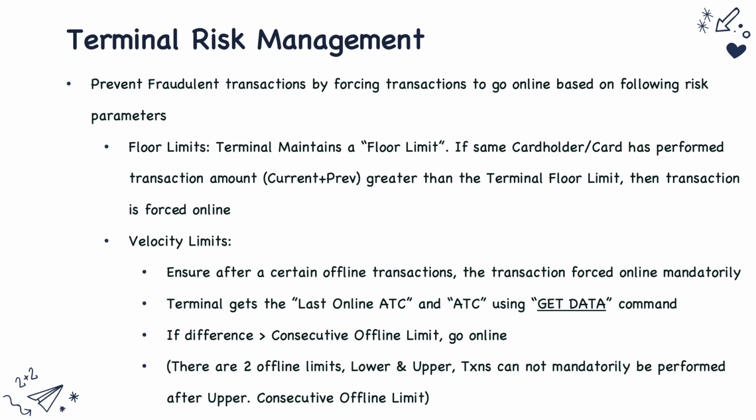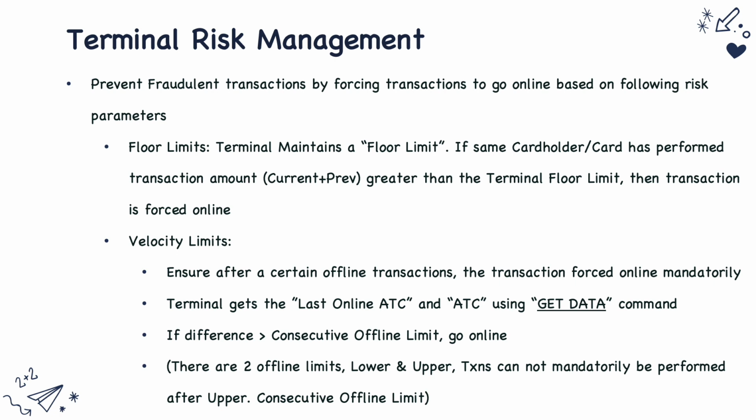The next step is terminal risk management. We all know that EMV has the capability to perform a transaction offline, but offline transactions come with their own risk, where the issuer is not aware of that particular transaction. So in this step, the terminal does a risk assessment and ensures all the riskier transactions are forced online to the issuer in real time, and then the issuer decides on these transactions.